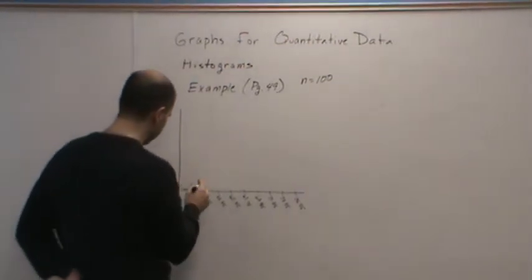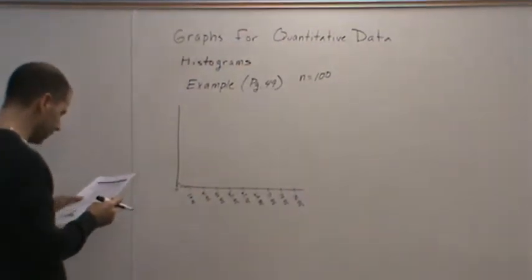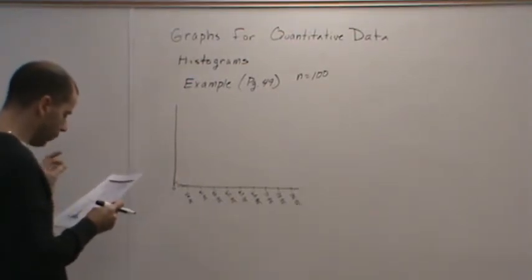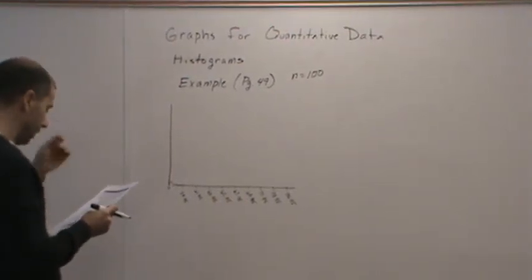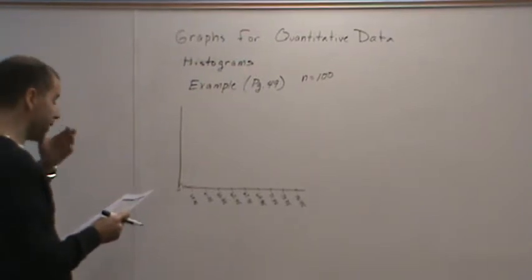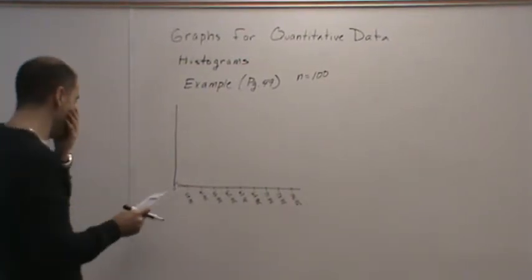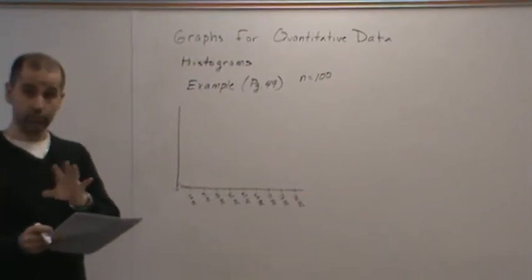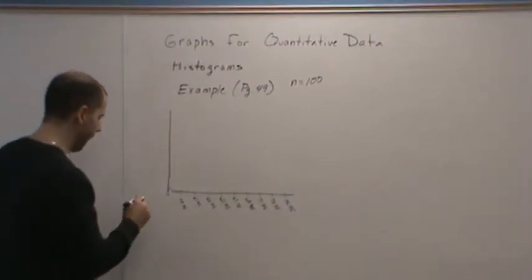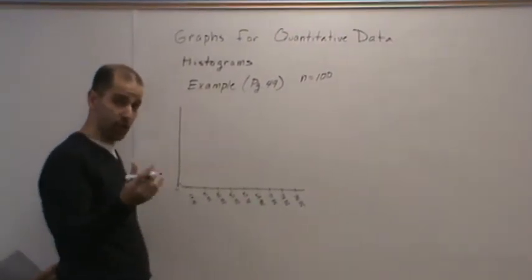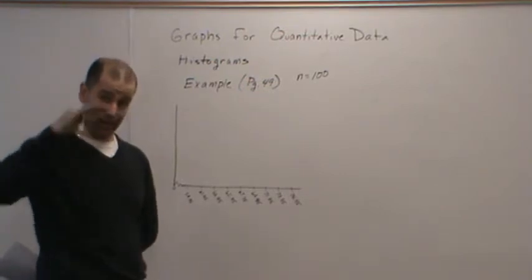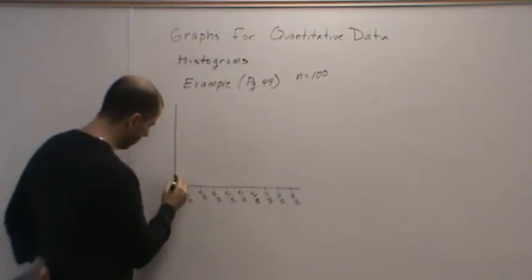Now what I'm going to do is I'm going to put frequencies. Well, if you look at the frequencies, they go from 1 to 40. So in this case, I'm going to do my frequencies by 5. So each tick mark is going to represent 5. Again, you have to determine what would be the best increment when you look at these. So I'm just going to do mine by 5.